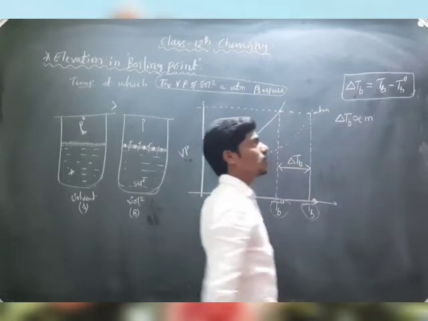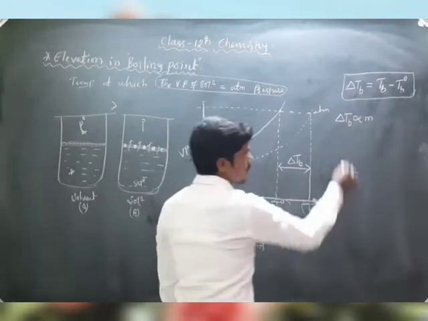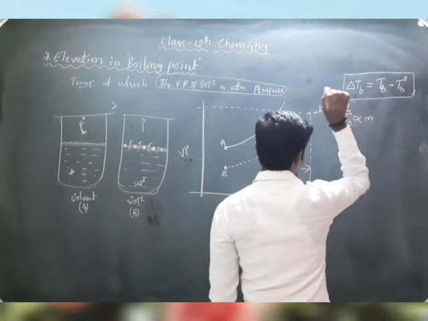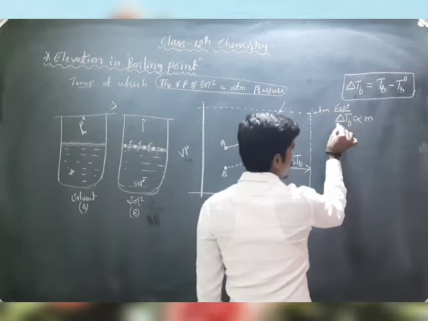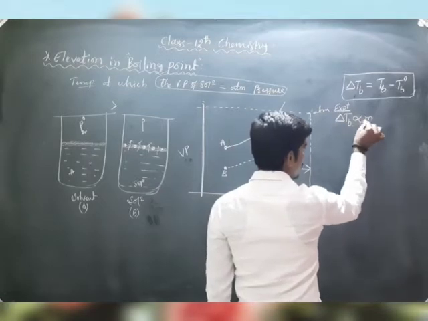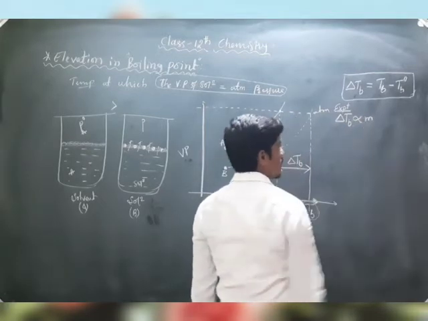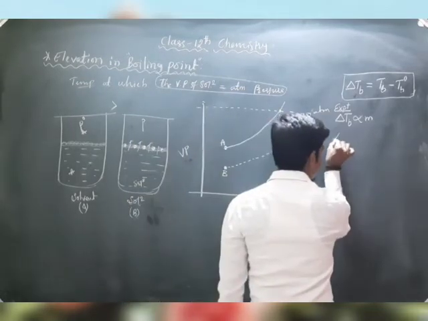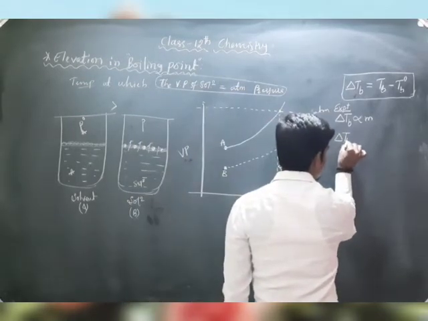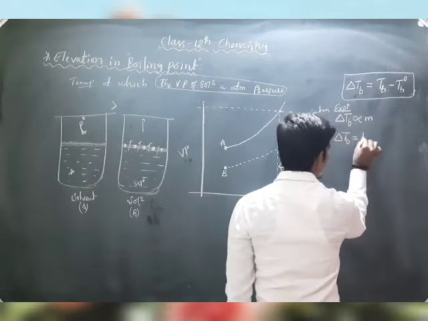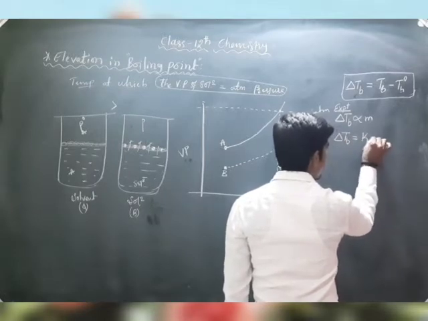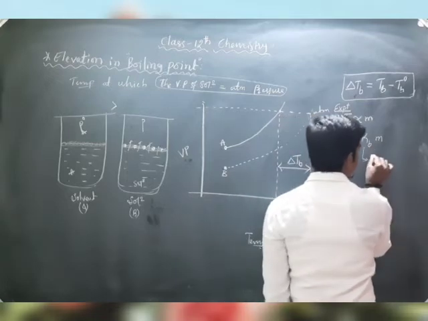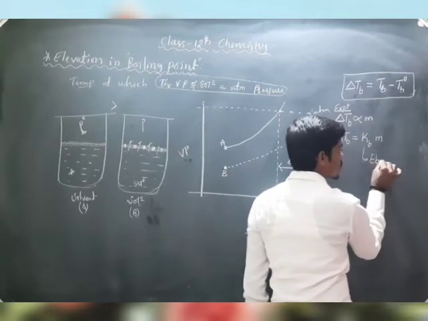So experimentally it is shown that delta TB is directly proportional to small m, that is molality. If you remove this proportionality, with the proportionality constant, delta TB is equal to Kb into m, where this Kb is known as the ebullioscopic constant.